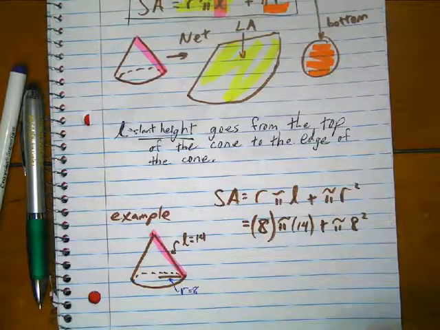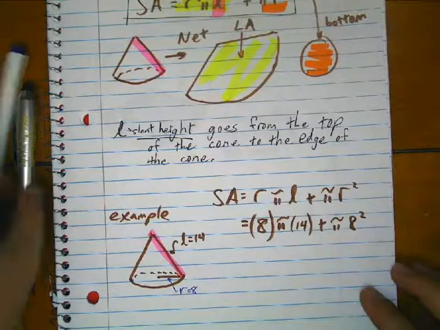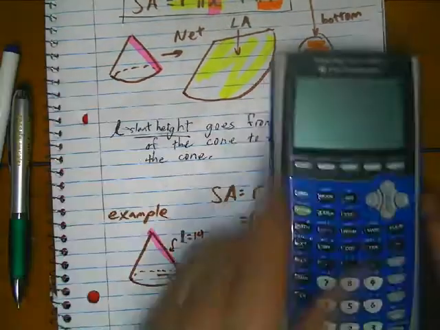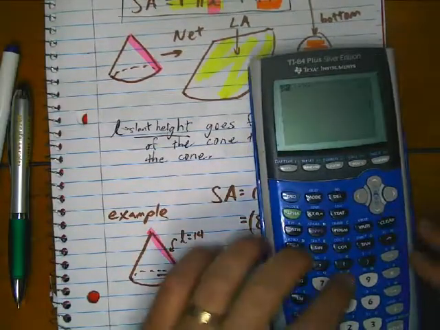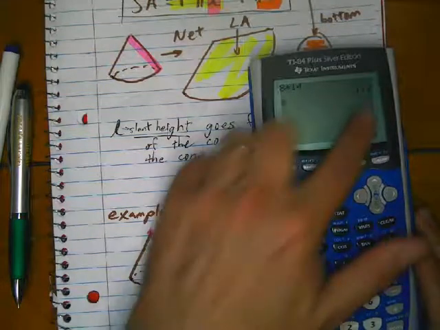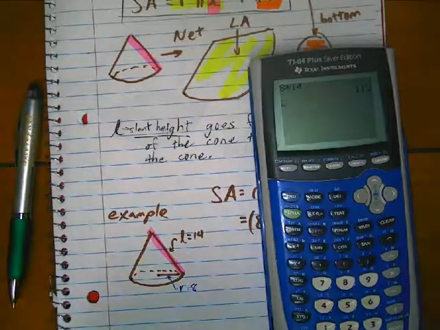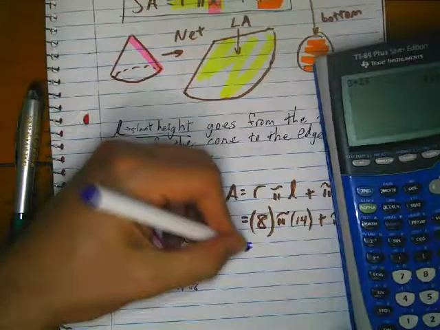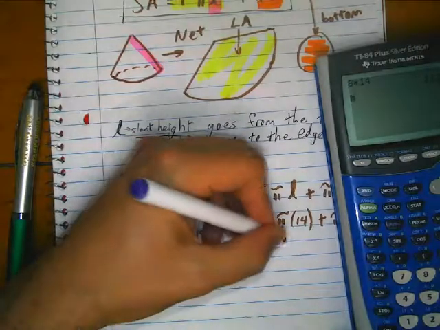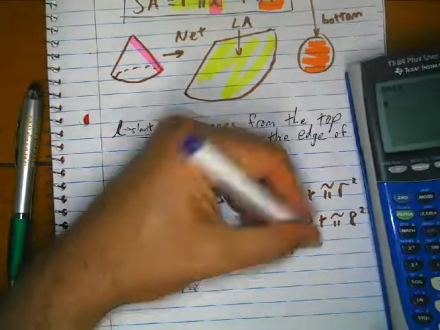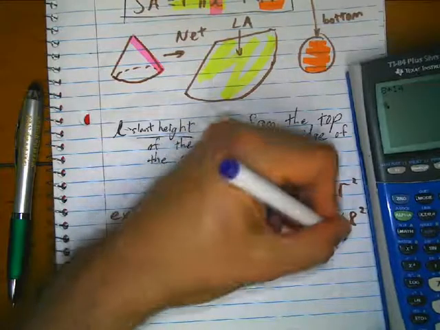So what is 8 times 14? We get 112 pi plus 64 pi.